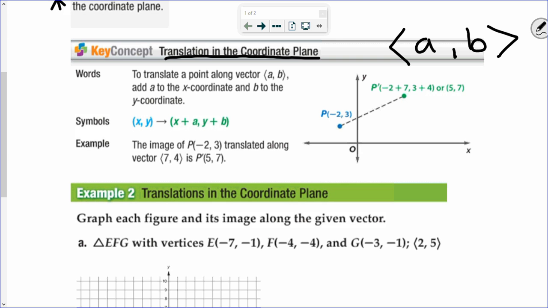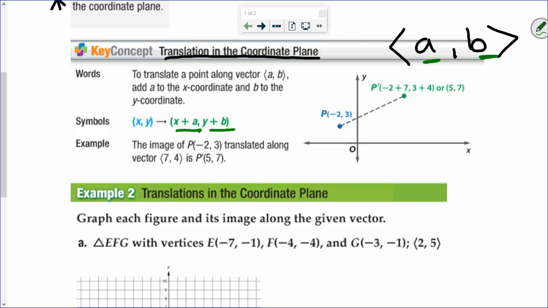All we want to do is take a and add it to x, the x coordinate, and then add the b value to the y coordinate. That gives you your new point, P prime, or whatever the point is.